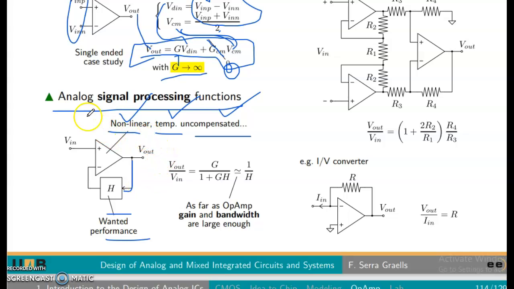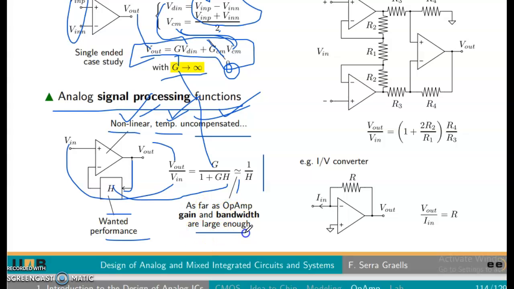V out divided by V in equals G divided by 1 plus GH, which is approximately 1 by H, as long as the operational amplifier gain and bandwidth are large enough.